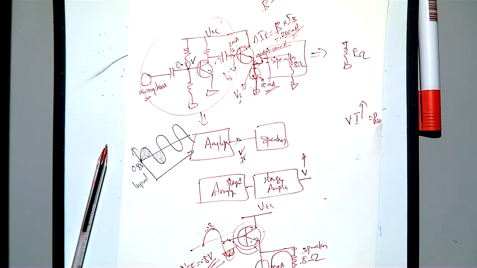What is VEB? Because our assumption is 0, and then minus VB, that is equal to 0.8 volt minus 0.8 volt, so that this transistor is off. So during the positive cycle, this transistor will be on. Then you are getting the signal amplified.